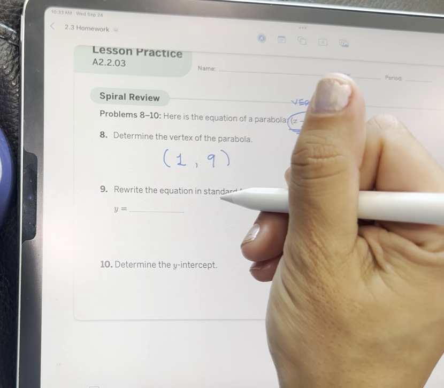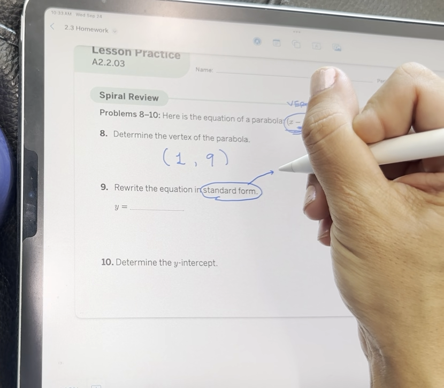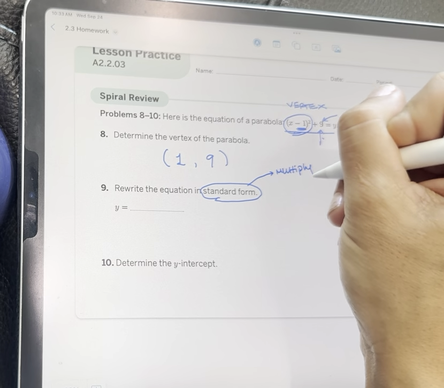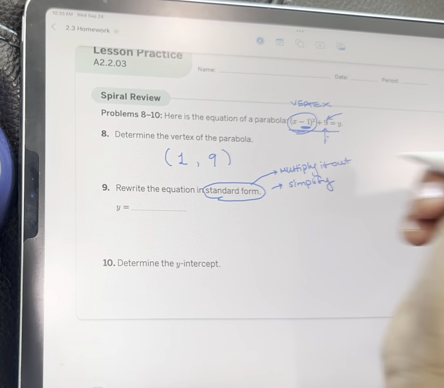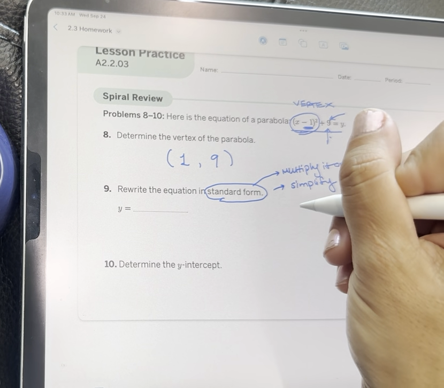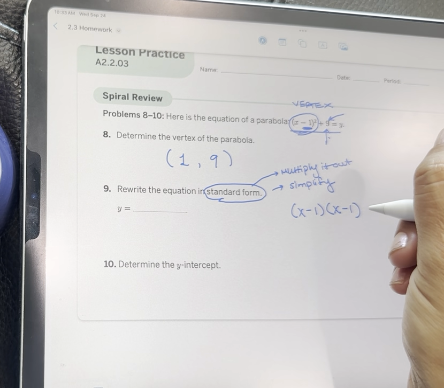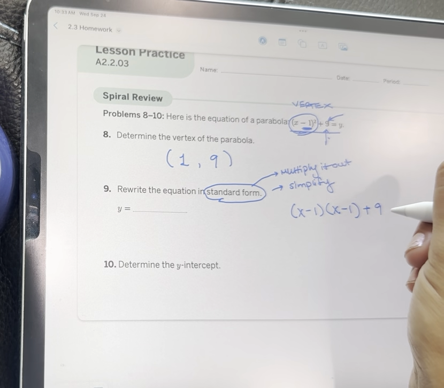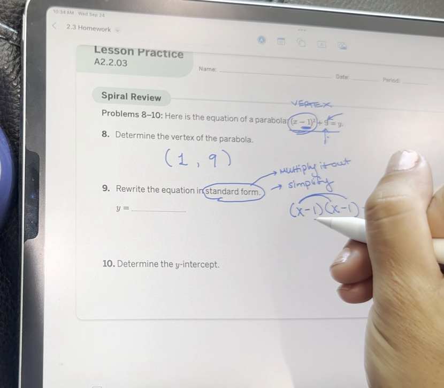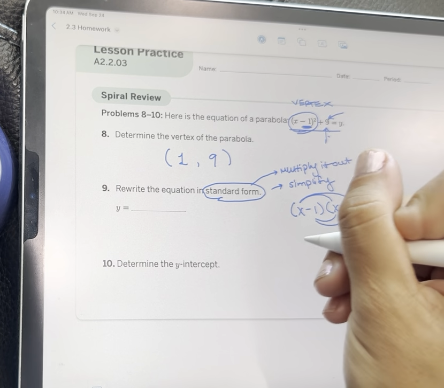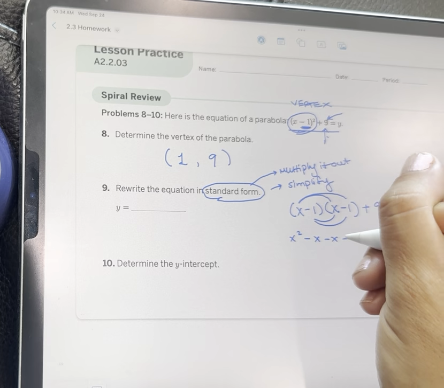Okay, rewrite in standard form. You might remember from a previous video, we always get to standard form with these 2 steps. 1, multiply it out. And then 2, simplify. Okay, so multiply it out. That means that x minus 1 squared, I'm going to multiply it out, meaning distribute the x, distribute the -1, you get x squared minus x plus 1.